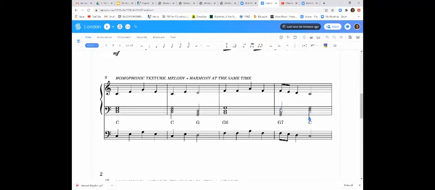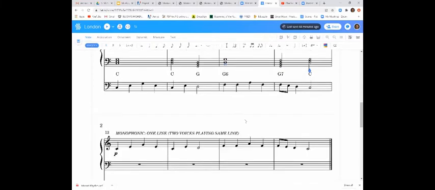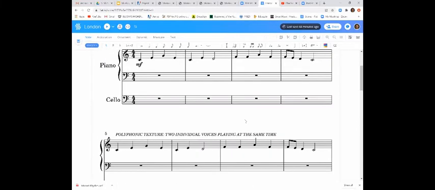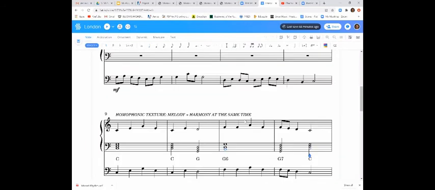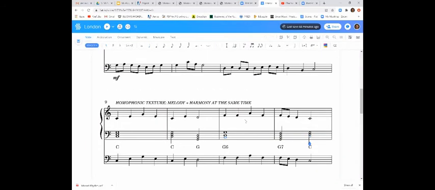That's what makes a G7: it's a four-note chord, adding one more to the top, a seventh above the root. And that's all you got to know. That's pretty much this lesson. We talked about the three music textures and two new things, two different chord types. Remember that.